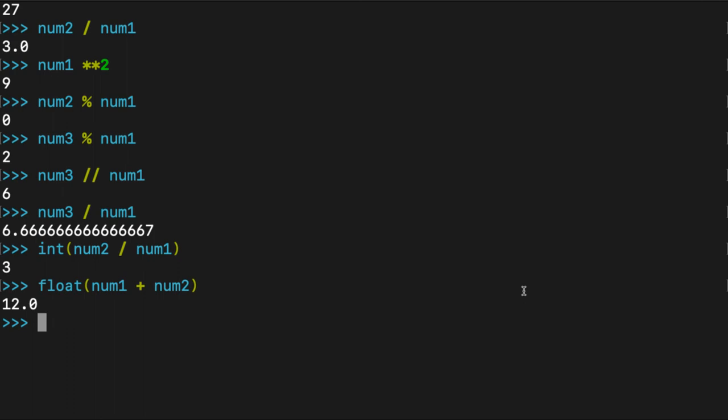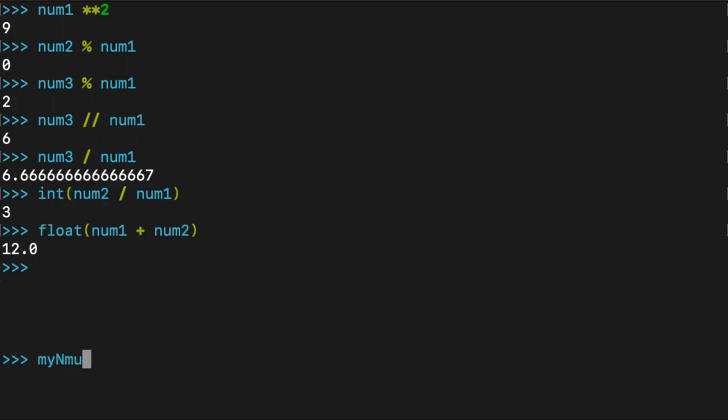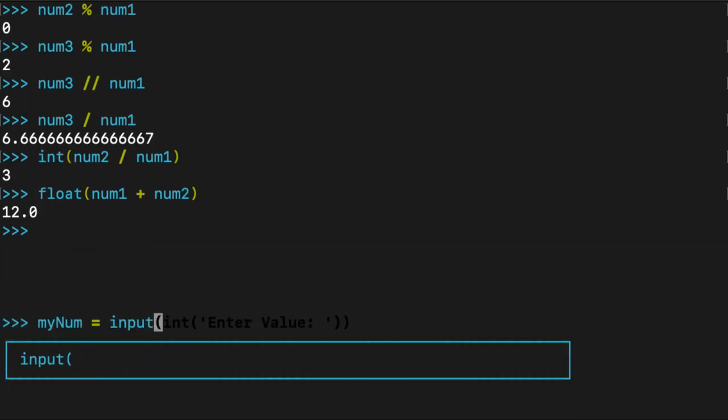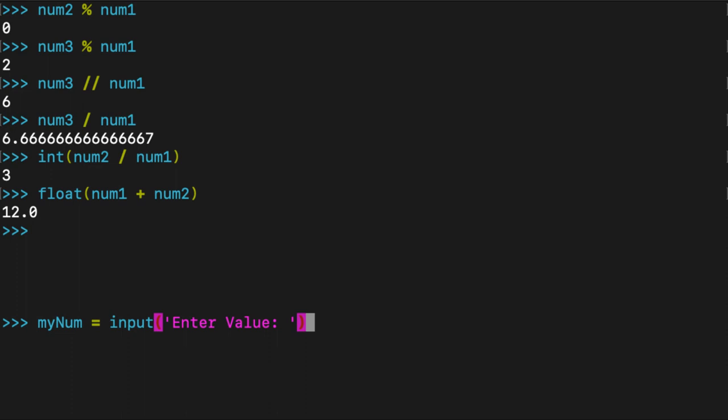So casting becomes particularly important to understand if I am looking to request some input from the user, as we've seen before. I'm asking the user to give me some value.